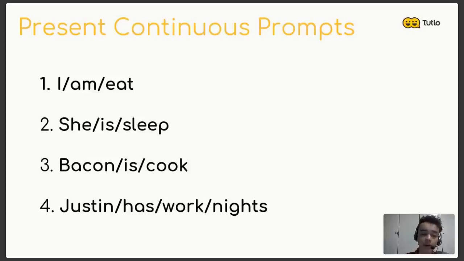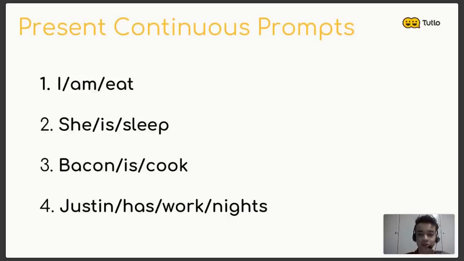So, how are we going to put number 1 into a present continuous prompt, all right? Correct, Merrick, very good. "I am eating," right? It's temporary. It's not happening forever, right? You're not eating forever. It's physically impossible to eat forever, right? Very good. Great job. All of you who've given your answers in the chat, correct.